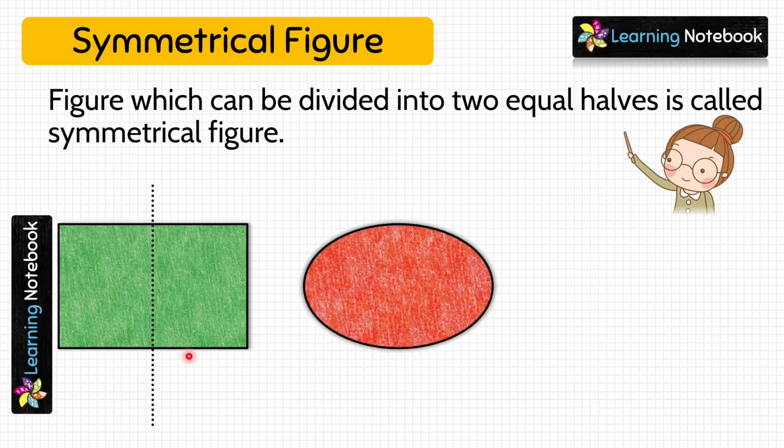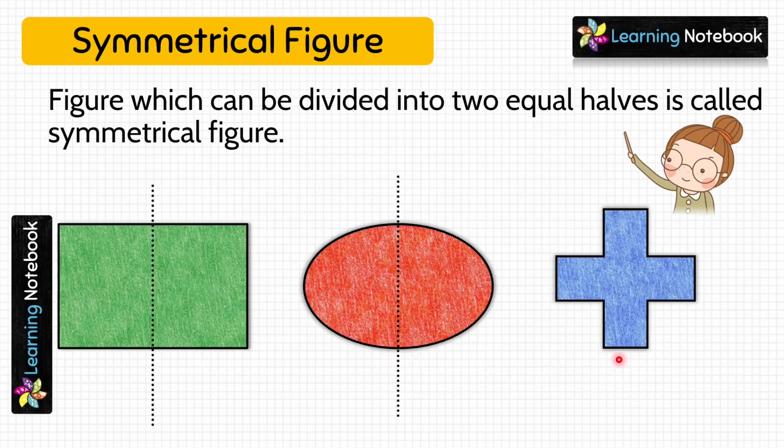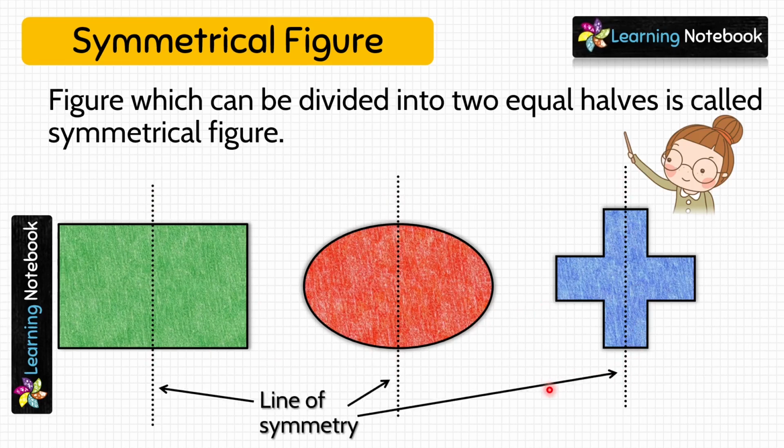In the same way, oval is also a symmetrical figure because it can also be divided into two equal halves. Similarly, a plus symbol is also a symmetrical figure. As you can see, it can also be divided into two equal halves. And students, all these three dotted lines are lines of symmetry because they are dividing the figures into two equal halves.